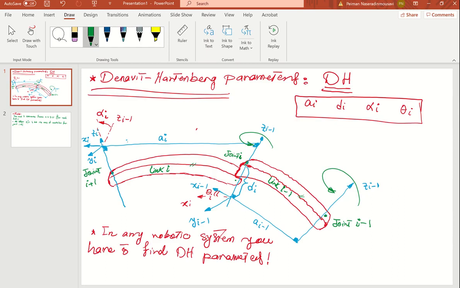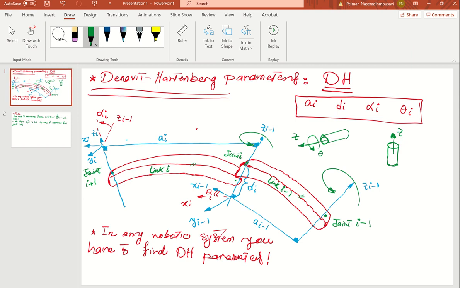So for example, if the actuator is a DC motor, it's rotating, and its rotation is in this direction. So the z is going to be this, by the right hand rule. If you have this configuration, it's going to rotate in this direction, so this is going to be your z.